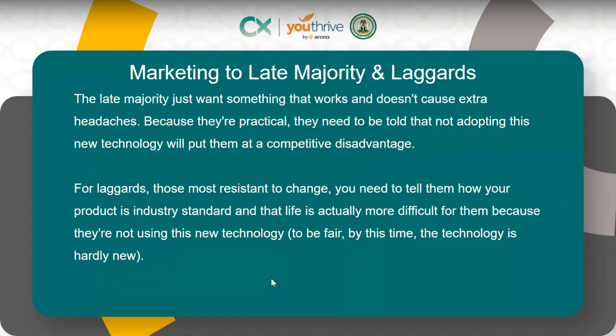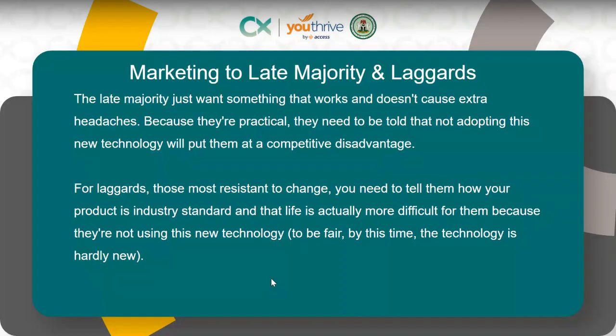So you need to tell them how your product is industry standard. With these people, you need to start looking at how you can create a level of trust. You want to start aligning yourself with some really major standardized regulation bodies to show that your product is trustworthy.